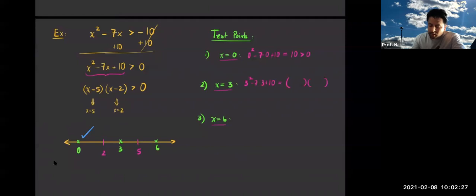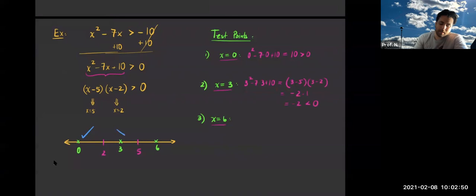So it's easier to do 3 minus 5 and 3 minus 2, isn't it? Isn't it easier to do this expression than that expression? It's less work. 3 minus 5 is negative 2. 3 minus 2 is 1. Negative 2 times 1 is negative 2. Negative 2 is less than 0, but we want something bigger than 0.